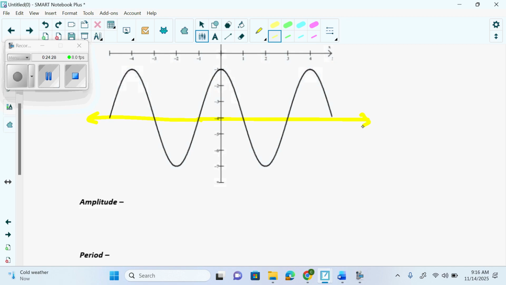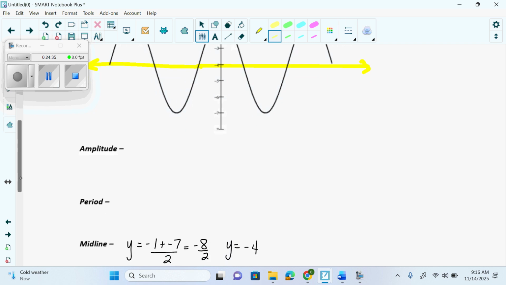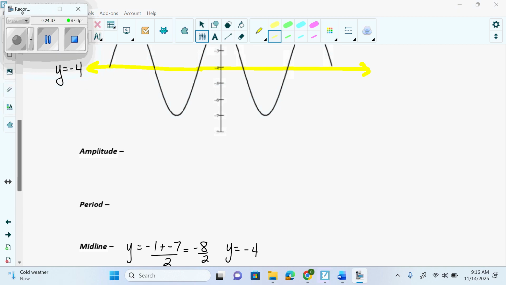So it's 3 up, 3 down, and my amplitude for that is 3, correct? So we know we're right. So at the back of each equation now, you should have minus 4, minus 4, minus 4, minus 4, right? My equation just died, so I have to redo them. Okay, awesome.